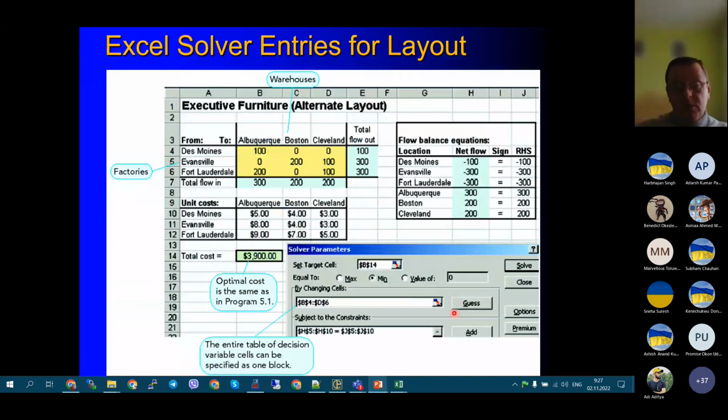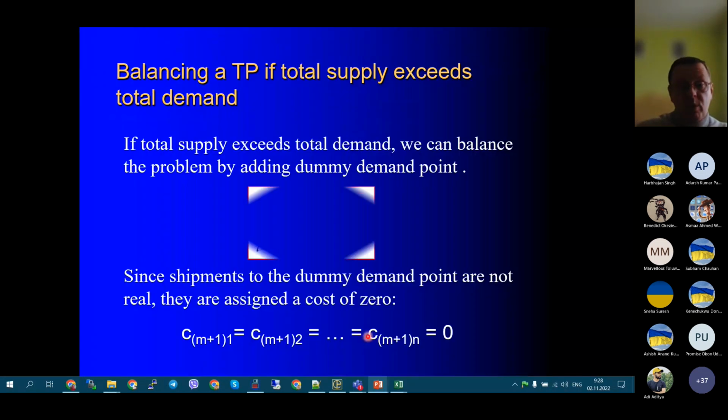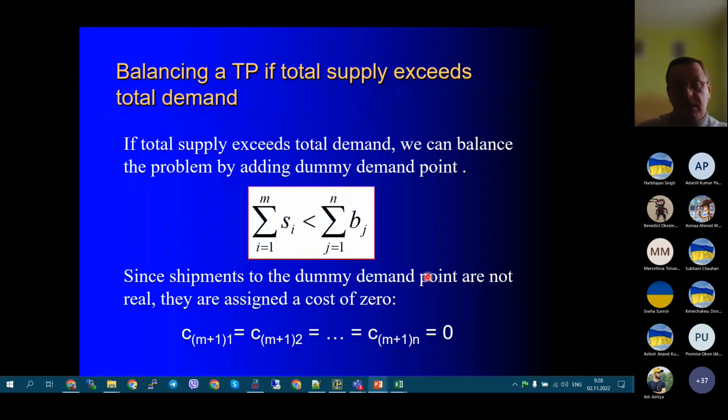Solver can be configured to substitute values in the transportation plan. Here is a yellow area, here is the changing cell, looking for the minimum value of total shipping cost, and adding some limitations. Here are the constraints. This layout allows us to use a single constraint, but we can also use slightly different layouts.